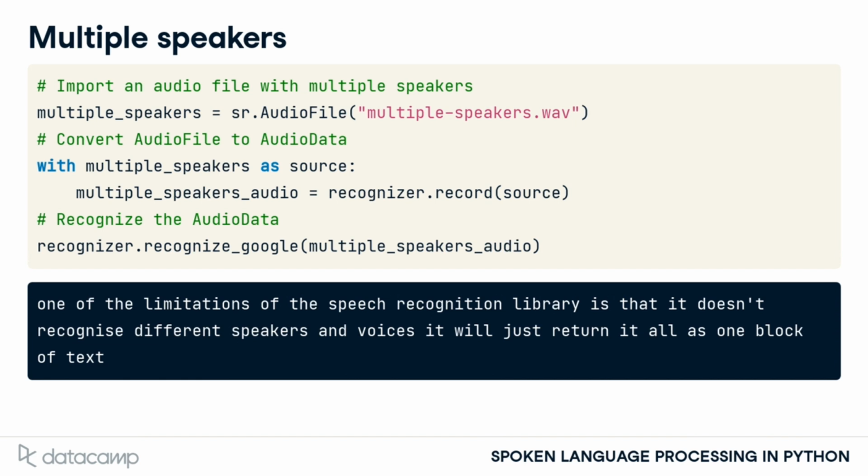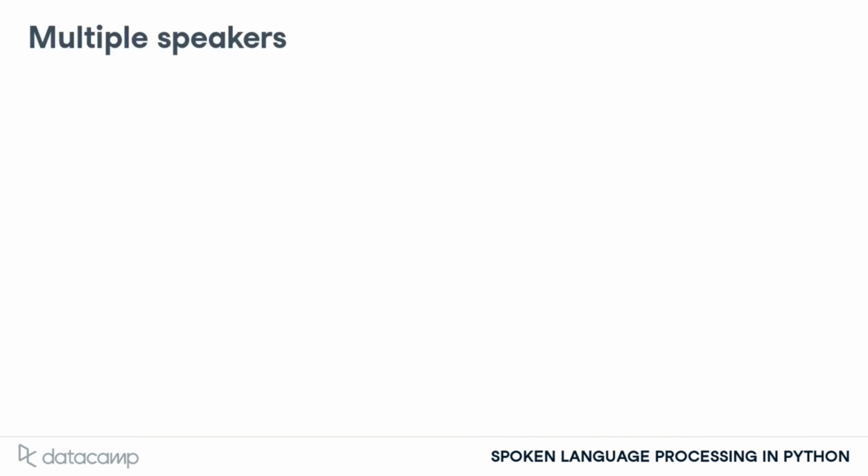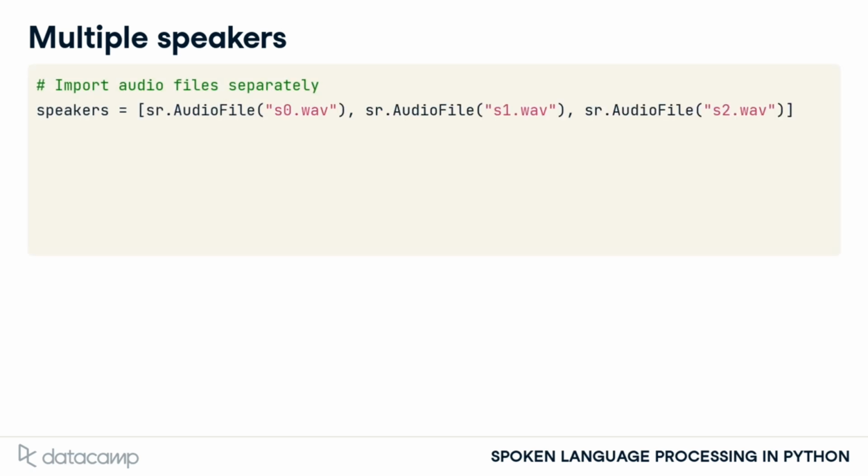The process of splitting more than one speaker from a single audio file is called speaker diarization. However, it is beyond the scope of this course. To get around the multiple speakers problem, you could ensure your audio files are recorded separately for each speaker.